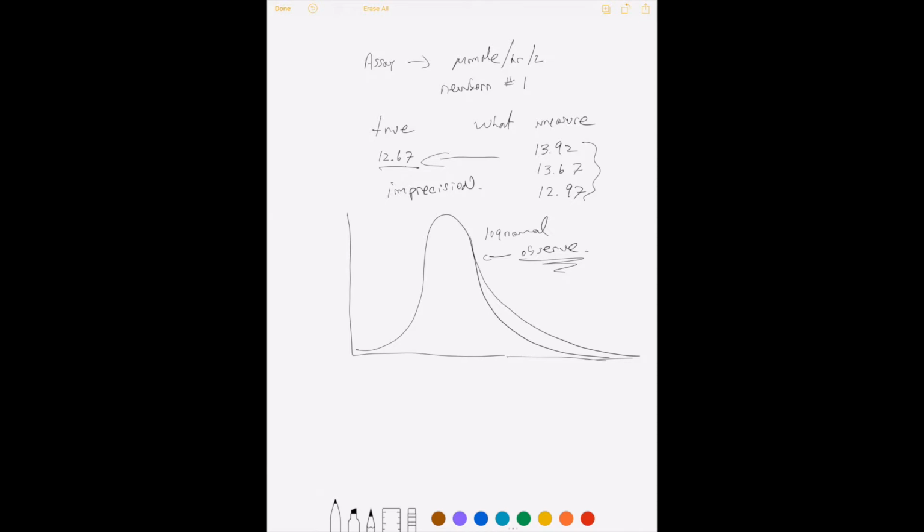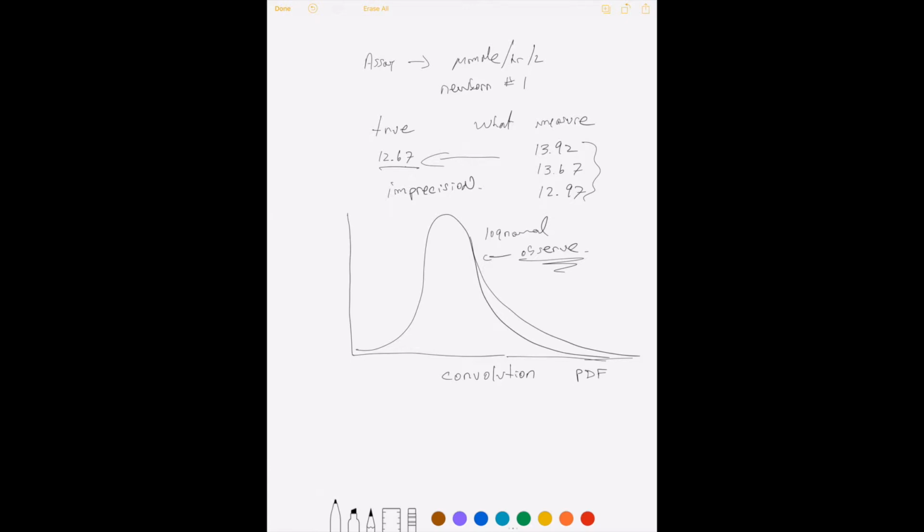So there's a relationship between the true distribution and the observed distribution, and that is called the convolution. The way you blend two probability distributions in statistics is to perform a mathematical operation called the convolution. I'm not going to go into it.